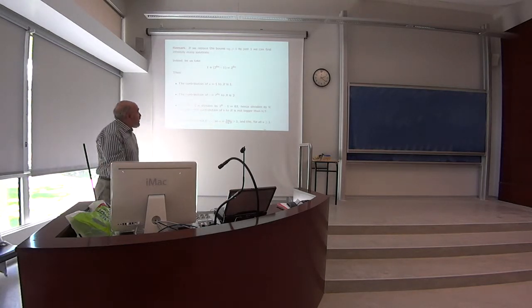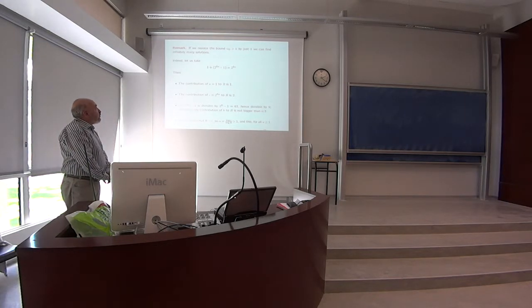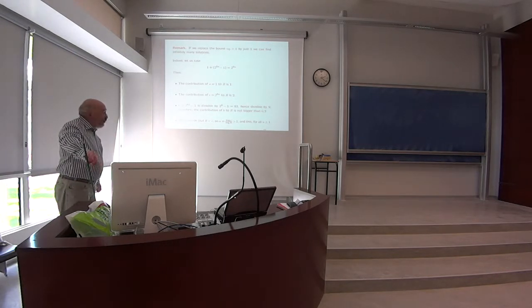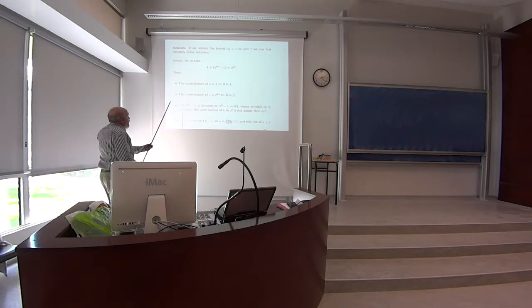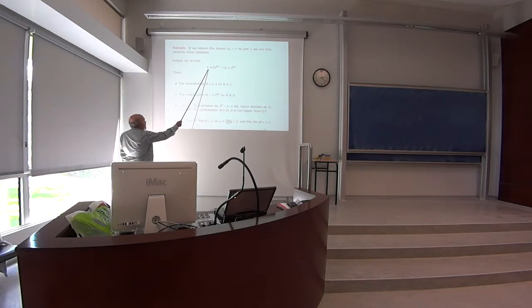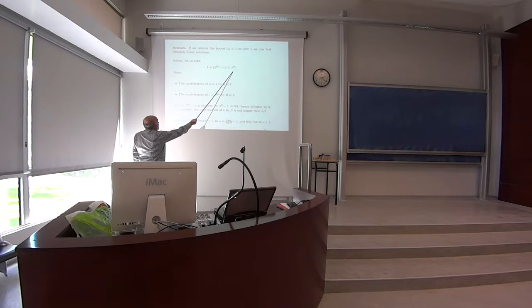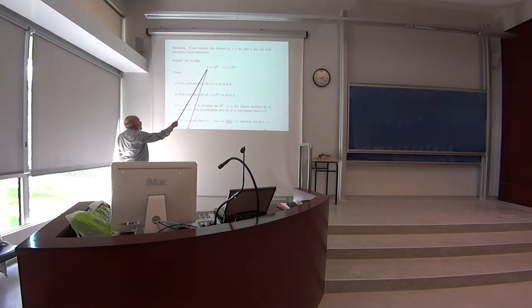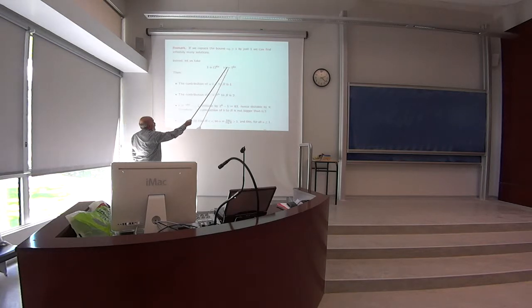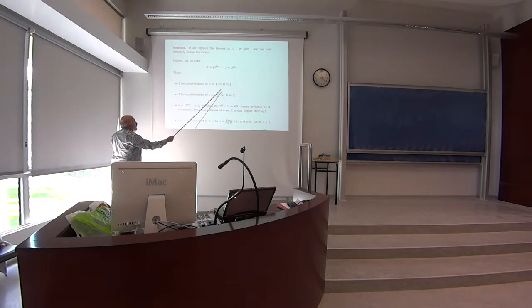If we replace alpha 0 greater than 1 just by 1, the conjecture is no longer true. This is an equality, an evident one. The contribution to R of 1 is 1. The contribution to R of 2 to the power 6n is just 2. So here we take contribution 1, contribution 2.